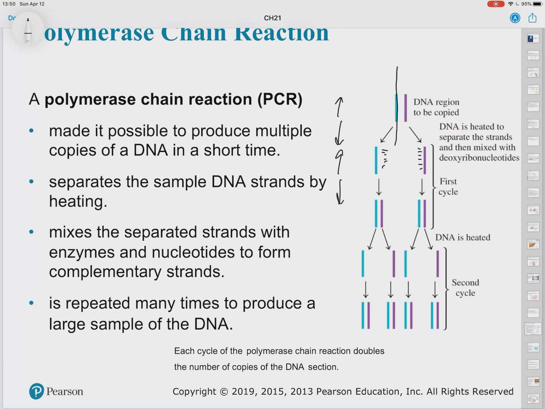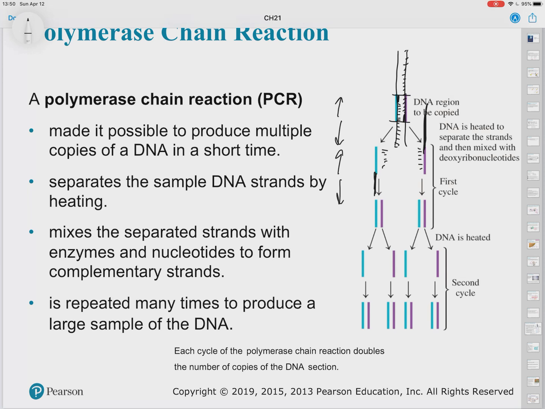Now, to amplify a particular region of DNA, we need something called primers. So let's just say this is a long stretch of DNA, but we're only interested in this particular section of the gene, then we need a primer that'll recognize the beginning of that gene, and then DNA will get added to that primer, and then we'll have our first, so this would have a long stretch on it, and this would have a long stretch on it.